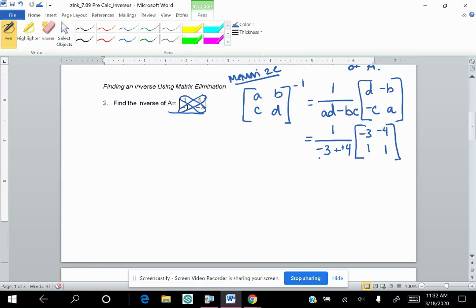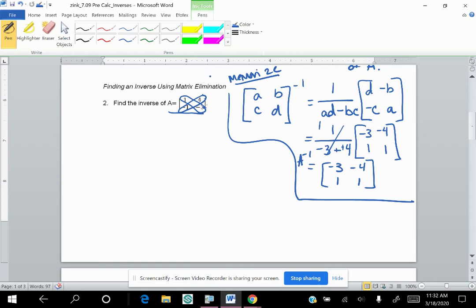So this is 1 over -3 plus 4, which is just 1. So I have 1 times that matrix. So my final answer would be this. If it wasn't 1, it would be a little bit more work, but not much more than that, just multiplying through each number by another number. So that is option 1.